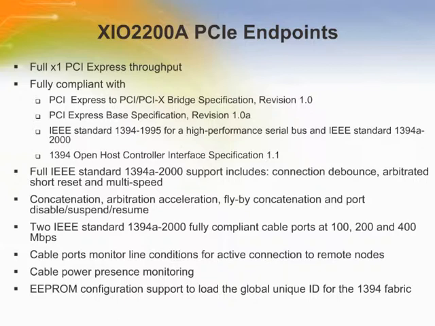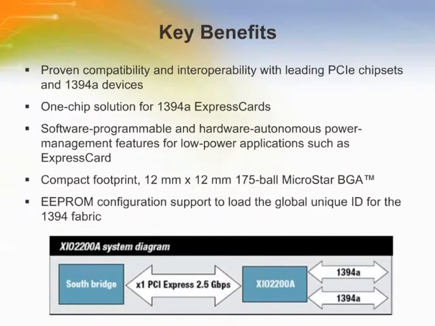The device also supports IEEE standards such as 1394A2000 power down features for battery-operated applications and arbitration enhancements. The PCI Express to PCI translation bridge has proven compatibility and interoperability with leading PCIe chipsets and 1394A devices.